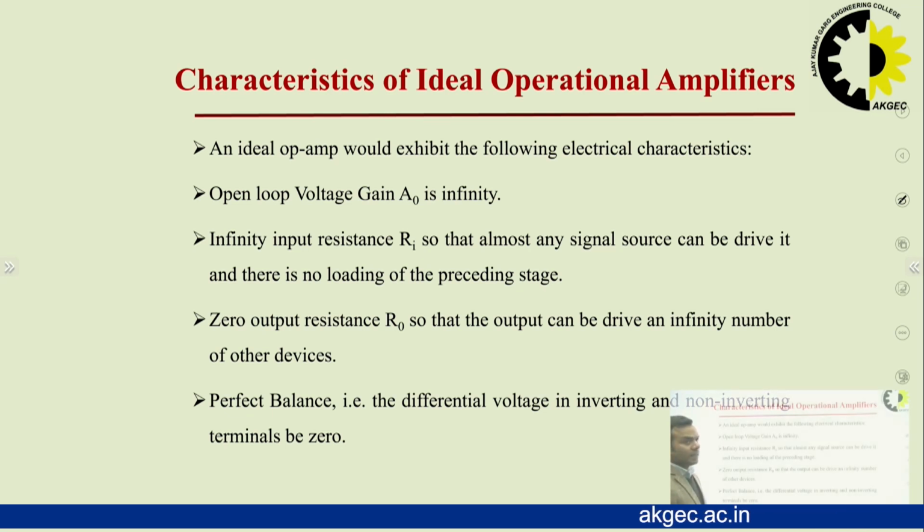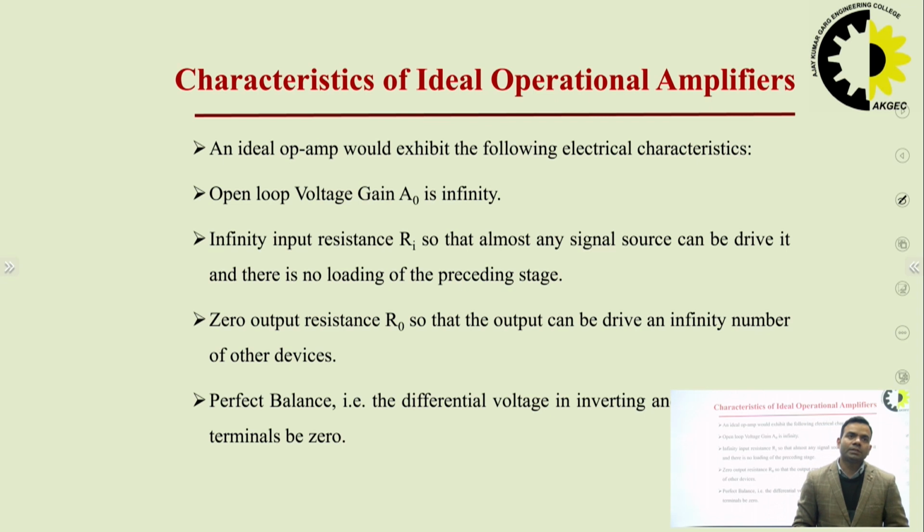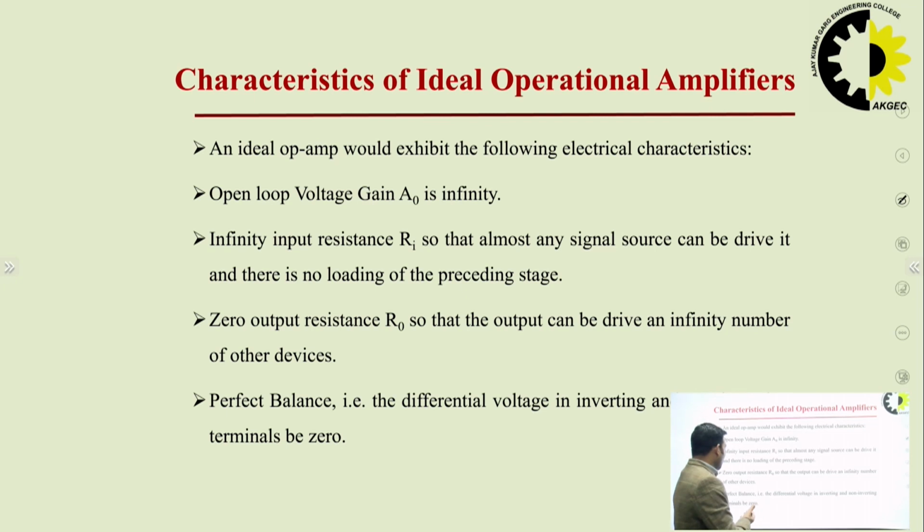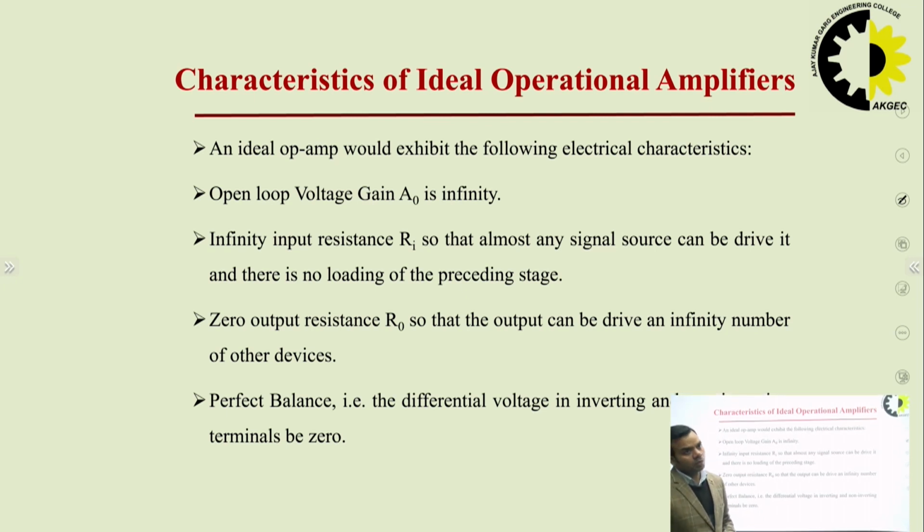So let us talk about the parameters or characteristics of ideal operational amplifier. There are various characteristics of ideal operational amplifier like input impedance, output impedance, differential voltage, slew rate, common mode rejection ratio, and shift in characteristics with respect to temperature.